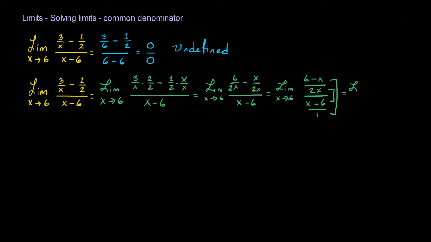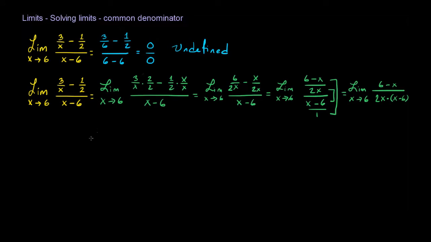So I get this expression: 6 minus x over 2 times x, over x minus 6. Now I'm going to continue.